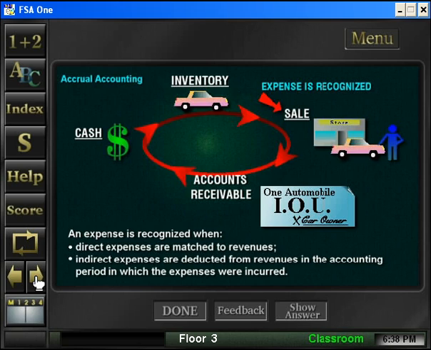Those expenses that are readily traceable to revenues are matched to or deducted from the revenues in the same period in which the revenue is recognized. Those expenses not readily associated with a revenue are deducted from overall revenues in the period that the expense is incurred.